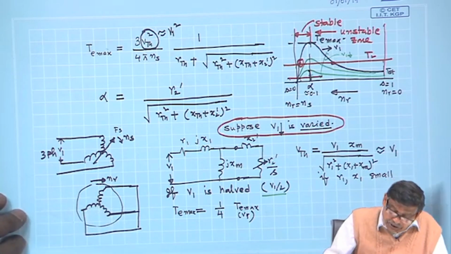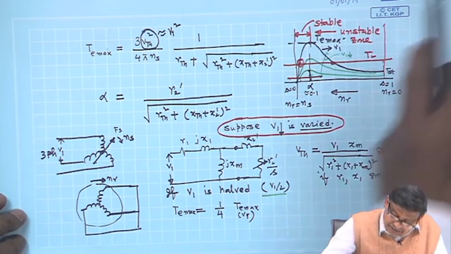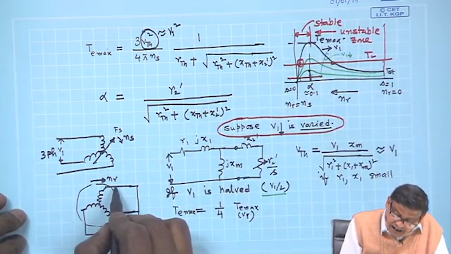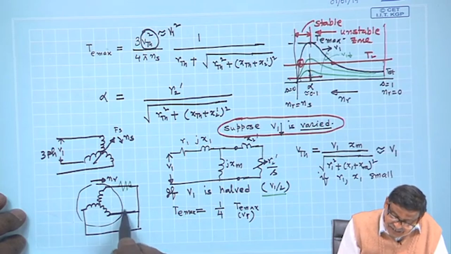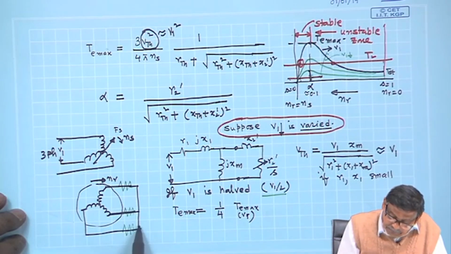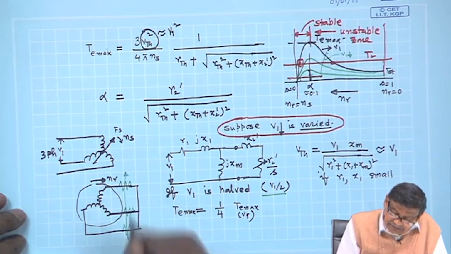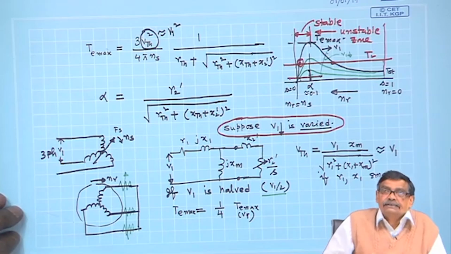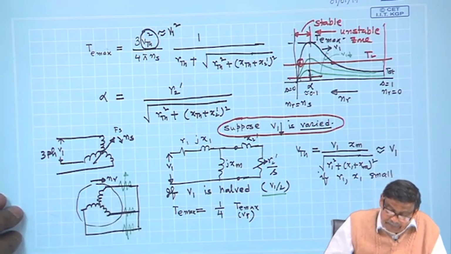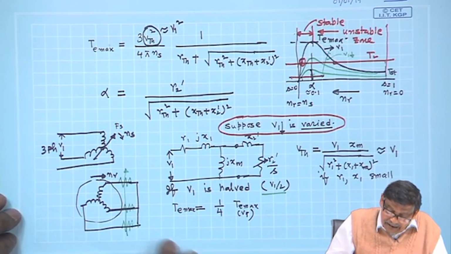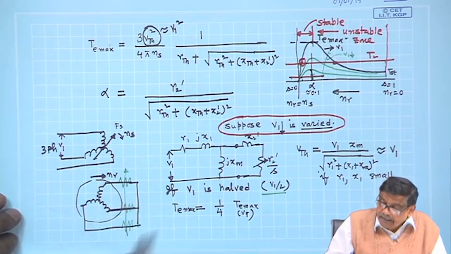Now, the idea is at the time of starting, I will connect some resistance in the rotor circuit, because rotor terminals are available, at the time of starting.